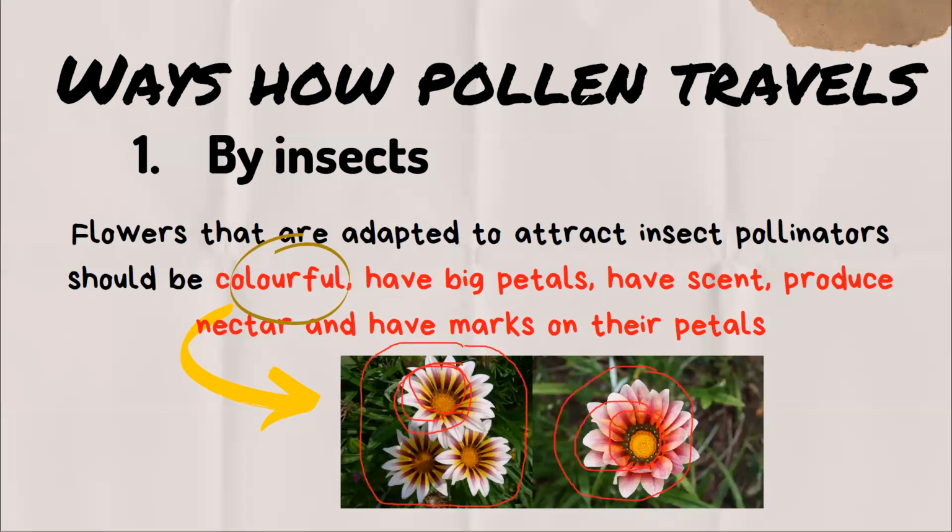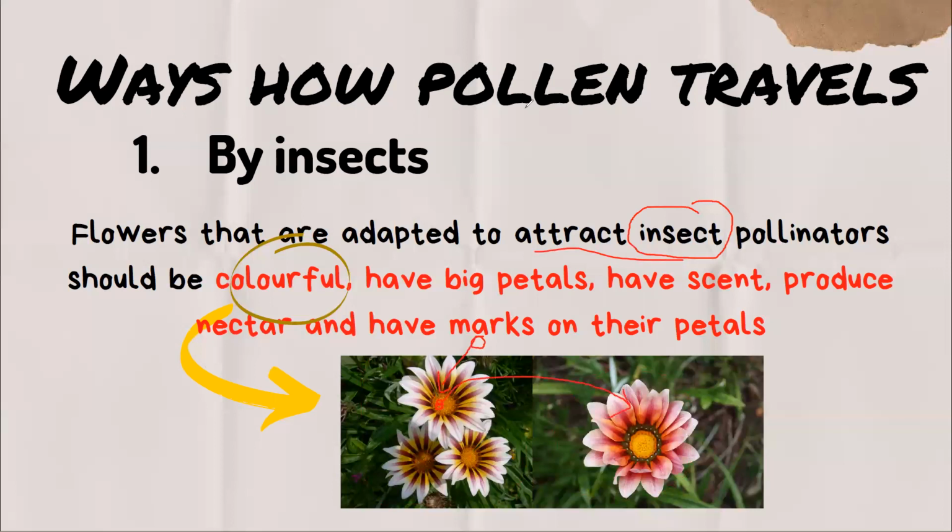Someone for sure will be asking, teacher, why must it be attractive for the insects? Okay, now class, why must it attract insects? It is because insects will help pollinate, to carry the pollen everywhere. That is why flowers need to attract the insects to come to them, so that they can carry this pollen to another flower of the same kind.